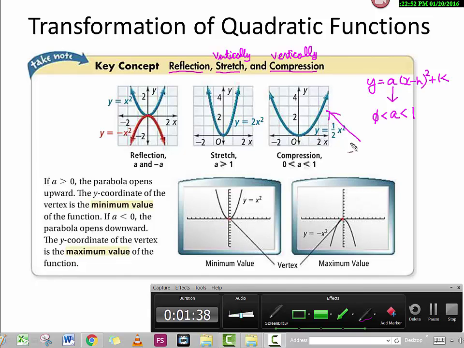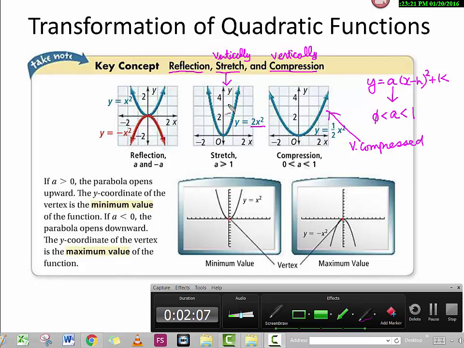This is vertically compressed because we push from the top to make the curve wider. But when a is bigger than 1, say this time it is 2x squared, we call it vertically stretched. In other words, it is getting narrower.